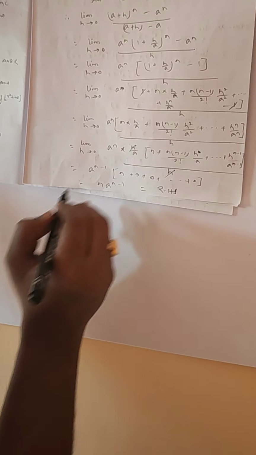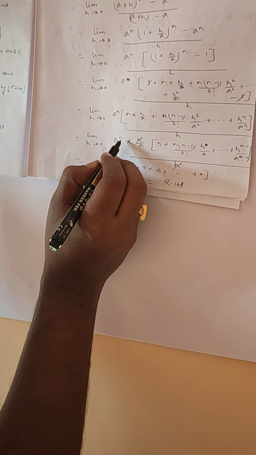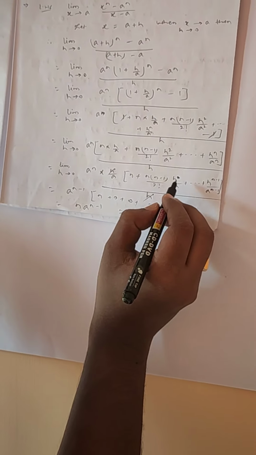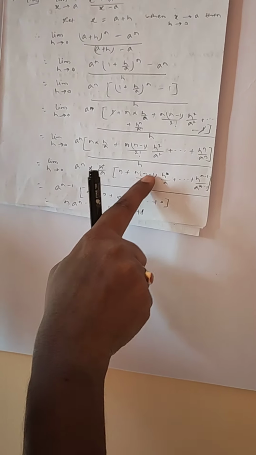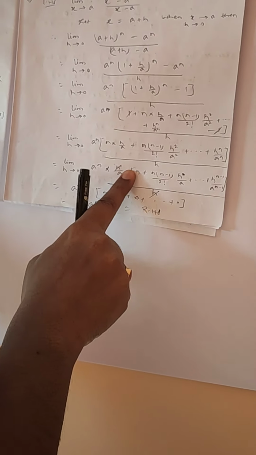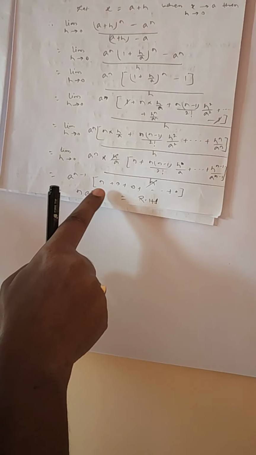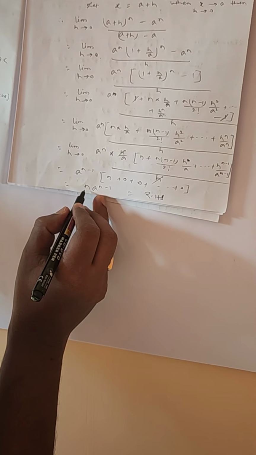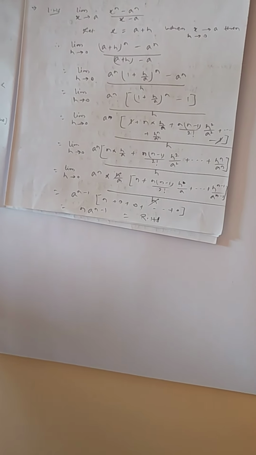This h cancels, and a raised to n with one a cancelled gives a raised to n minus 1. Now we substitute the value h equal to 0. So the first term will be n and the next terms will be 0. So this gives us the result n a raised to n minus 1.